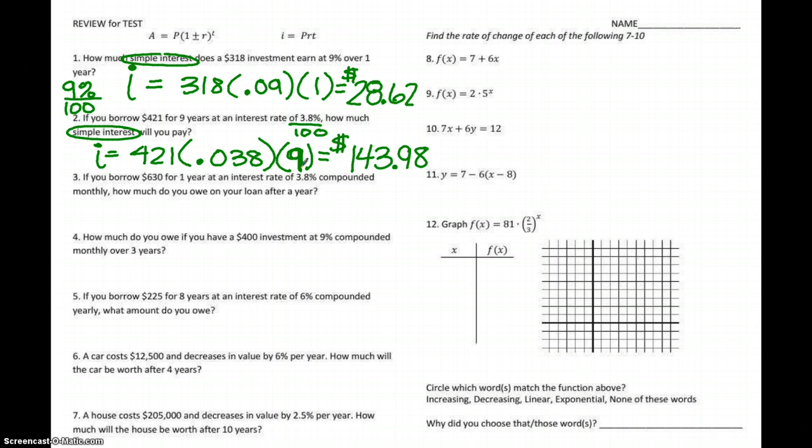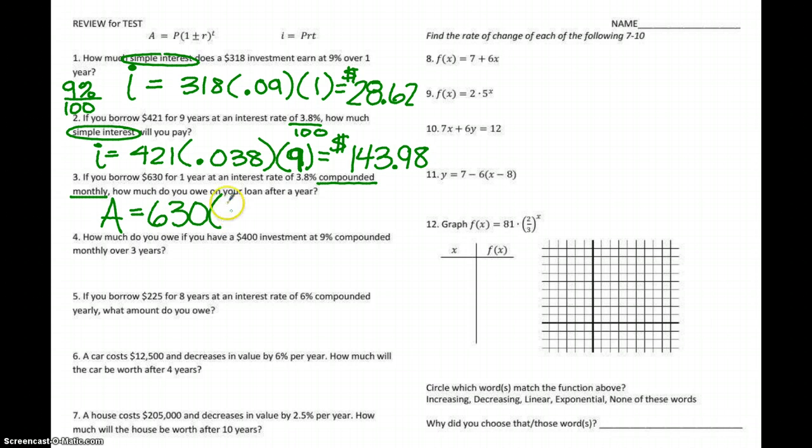Number 3. If you borrow $630 for 1 year at an interest rate of 3.8% compounded monthly, how much do you owe on your loan after 1 year? So compounded monthly, and it's for 1 year. So we're going to use the compound interest formula. A equals the amount is going to be 630, what we borrow.